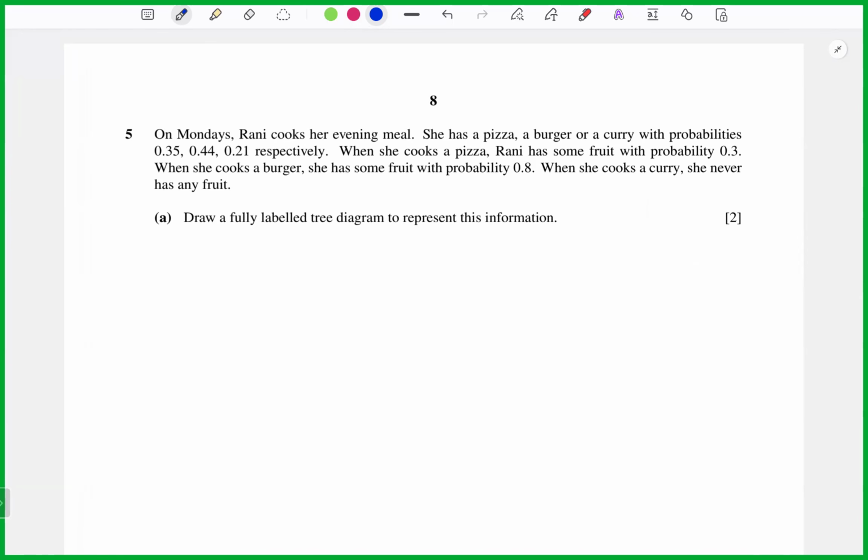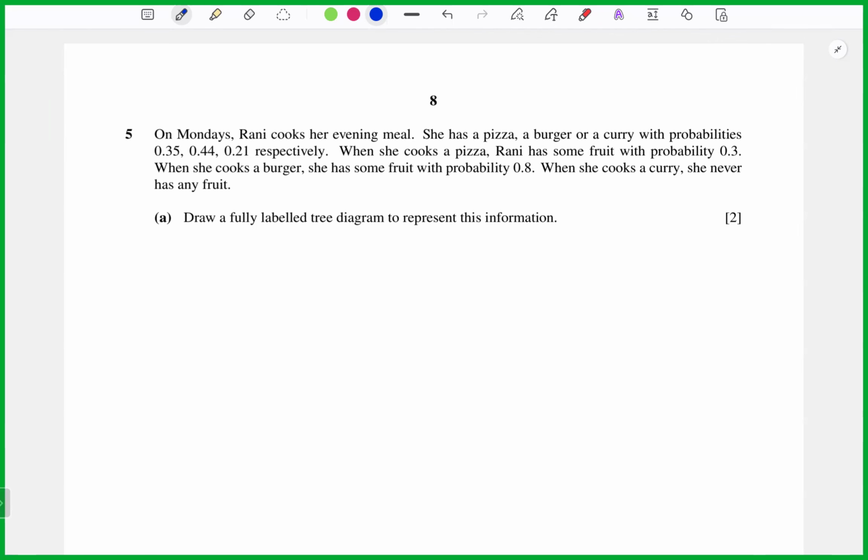When she cooks a pizza, Rennie has some fruit with probability 0.3. When she cooks a burger, she has some fruit with probability 0.8. When she cooks the curry, she never has any fruit. A. Draw a fully labeled tree diagram to represent this information.